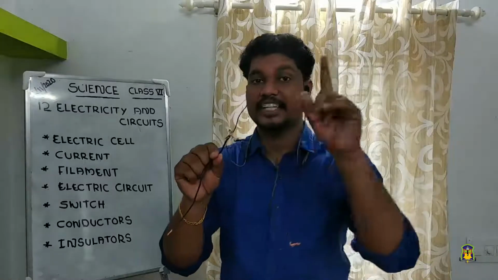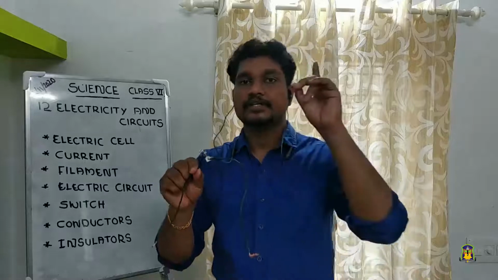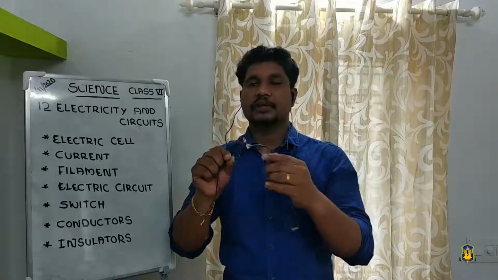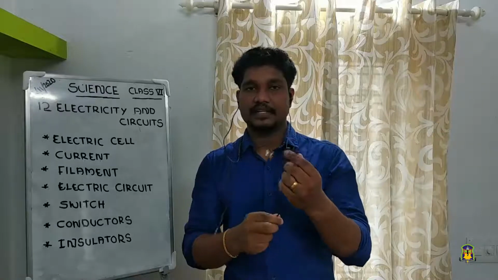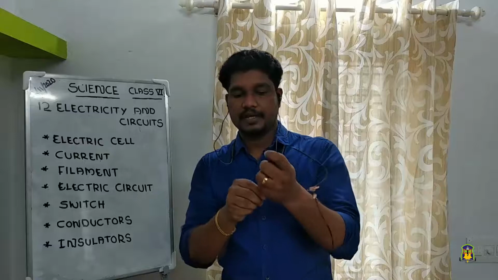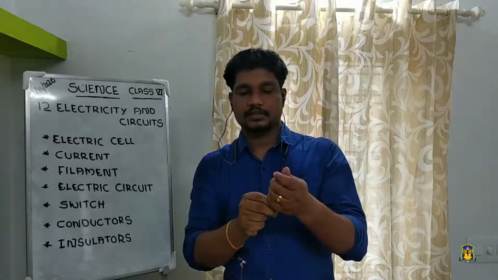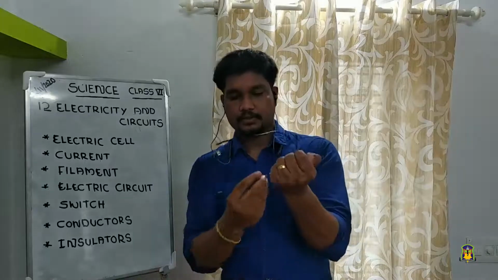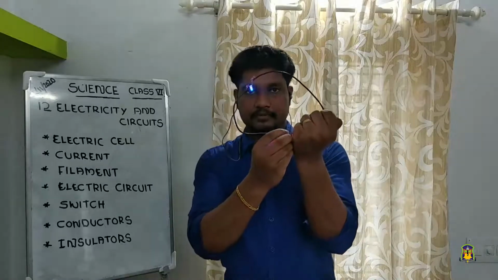Two legs are there, one positive and the other negative. The bigger one is positive, the small one is negative. I connected using these connecting wires, and when I connected this battery, I will connect to this cell, the bulb starts glowing, isn't it?